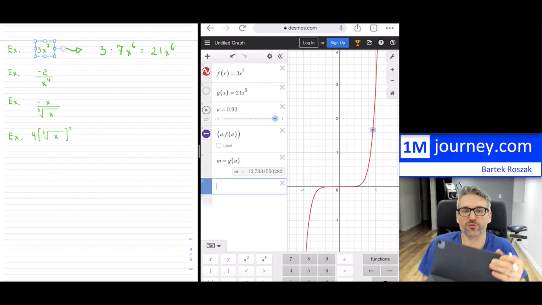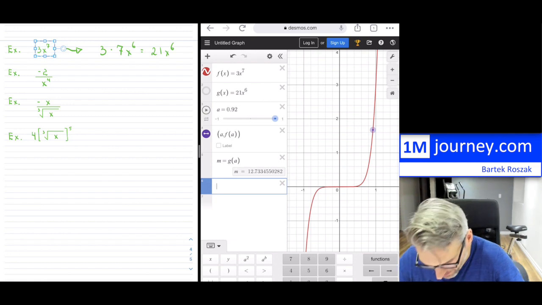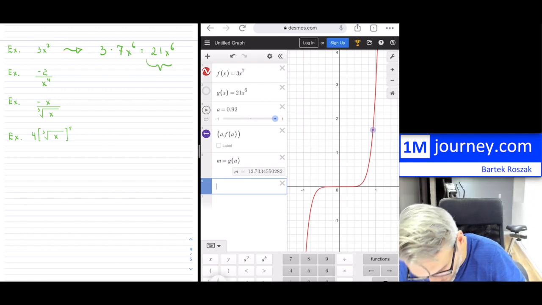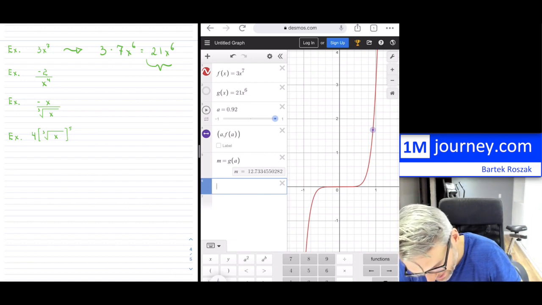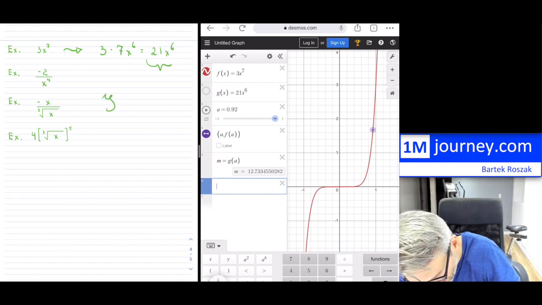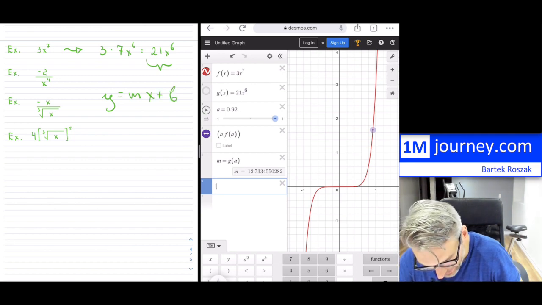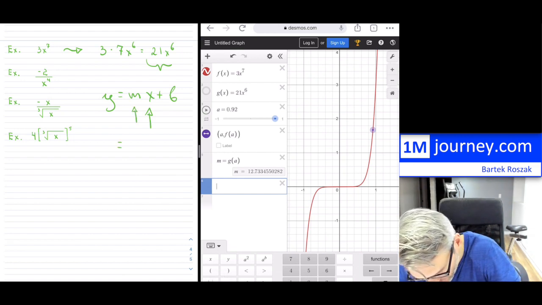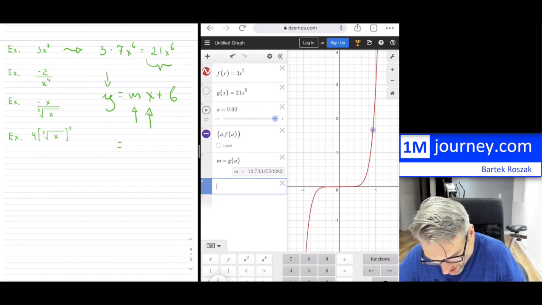So please remember, this is going to be my slope at any point. Now, a tangent line is y is equal to mx plus b. So I know what x is, that's a. I know what my slope is, and I certainly do know what my y is.